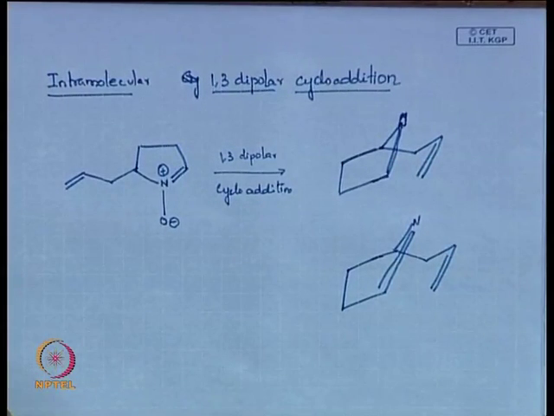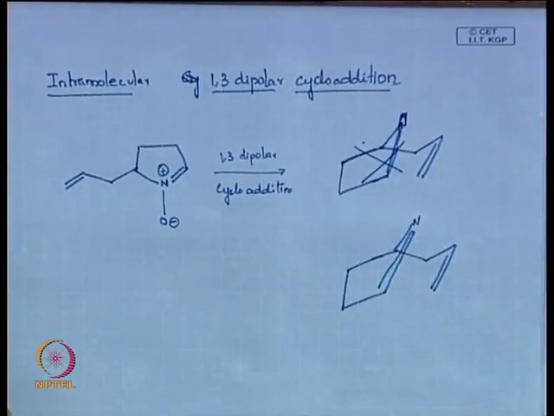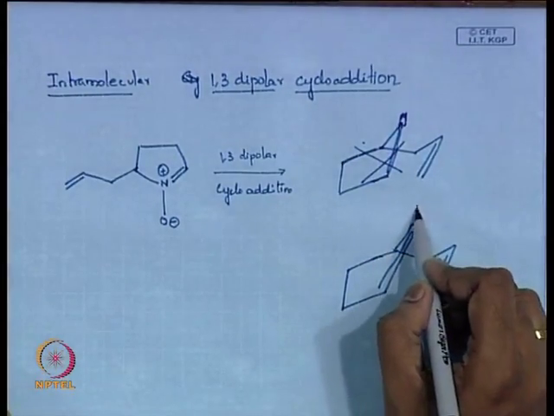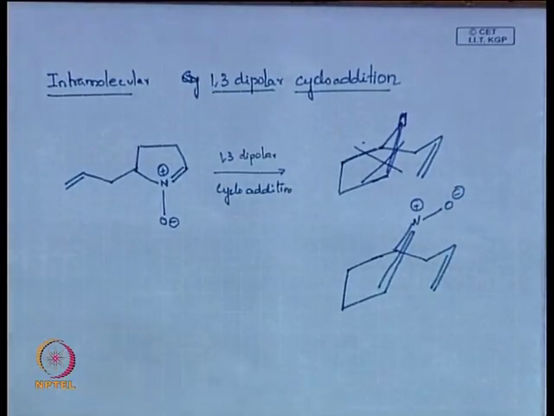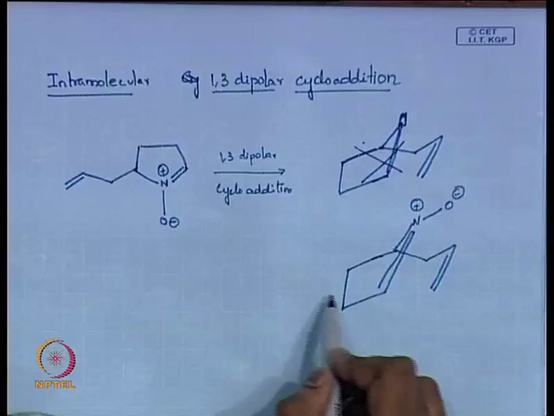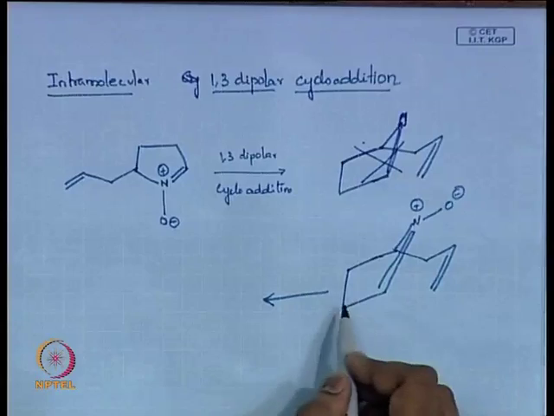To be much clearer, you have this system. So, now you have your N plus and O minus. Now you can do a dipolar cycloaddition. So, what should be your product? This is a better way of writing it.